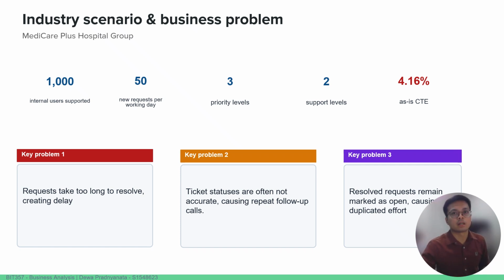The main problems are slow request resolution, inaccurate ticket status updates, and tickets remaining open even after being resolved. In healthcare, these problems are serious because delays can affect staff productivity and potentially patient-related workflow. The current cycle time efficiency is only about 4.16%, which shows that most of the process time is wasted in waiting rather than actual resolution work.